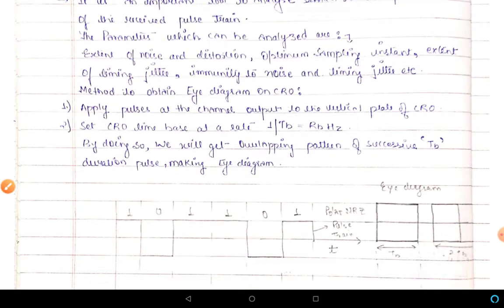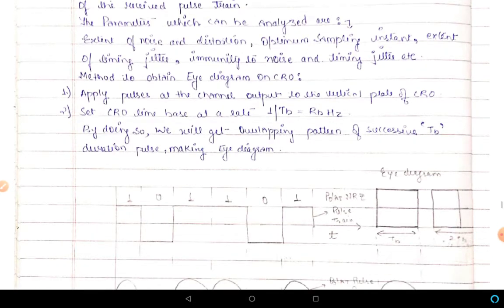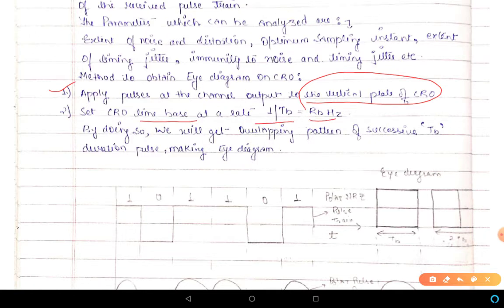So first of all, to obtain the eye diagram, number one, we need to apply the pulses at the channel output. That is, the pulses at the output of the channel need to be applied at the vertical plate of the CRO. Number two, we have to set the CRO time base at a rate 1 by TB, that is RB.